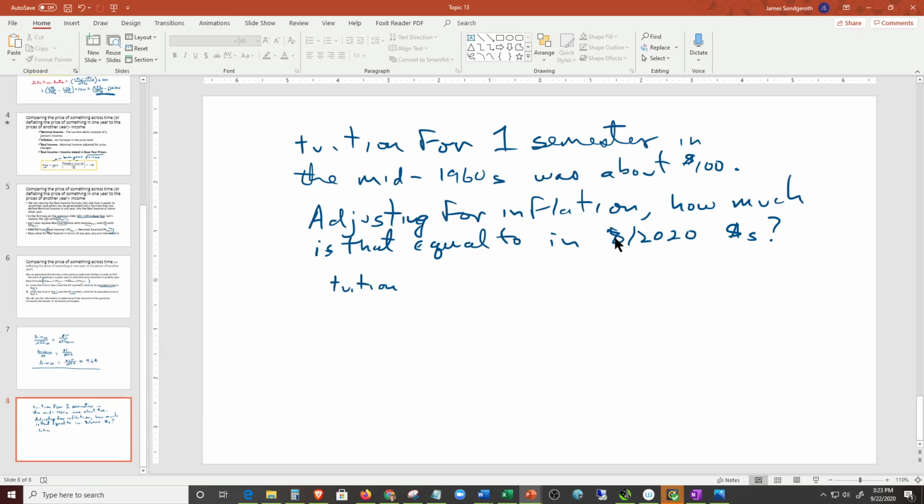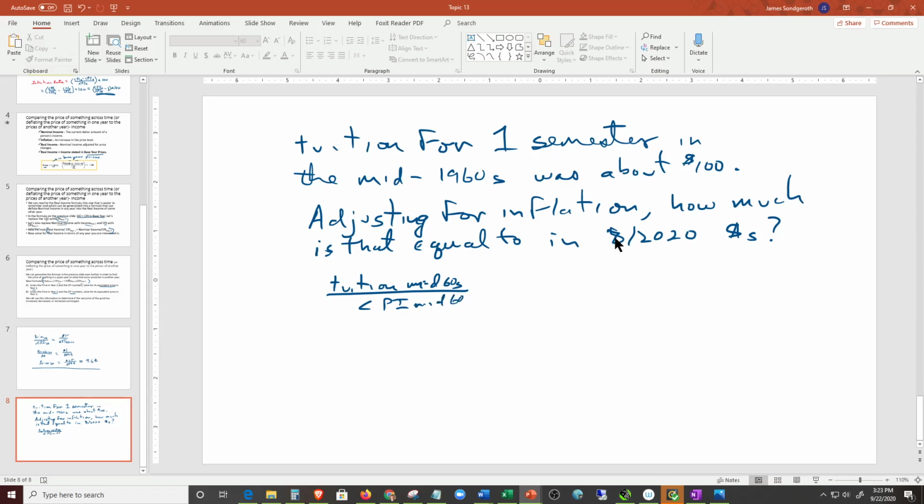tuition in the mid-60s over CPI in the mid-60s.